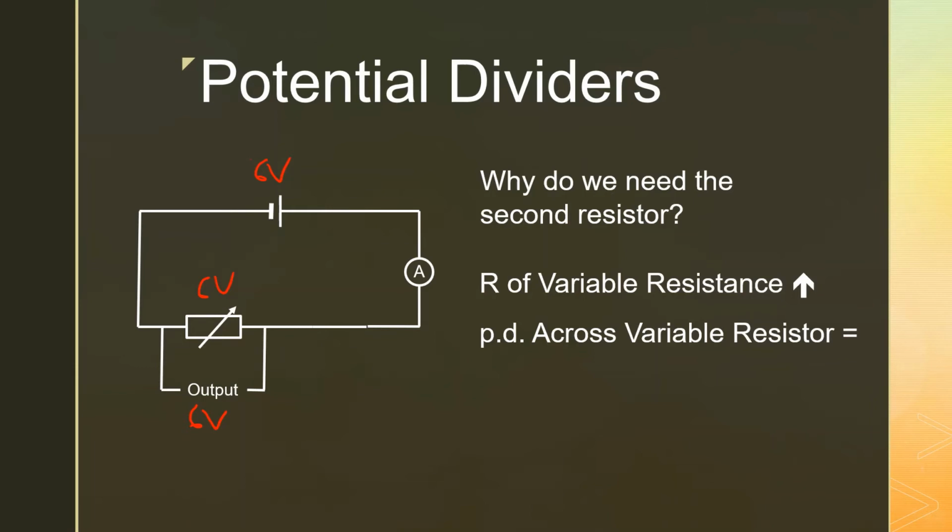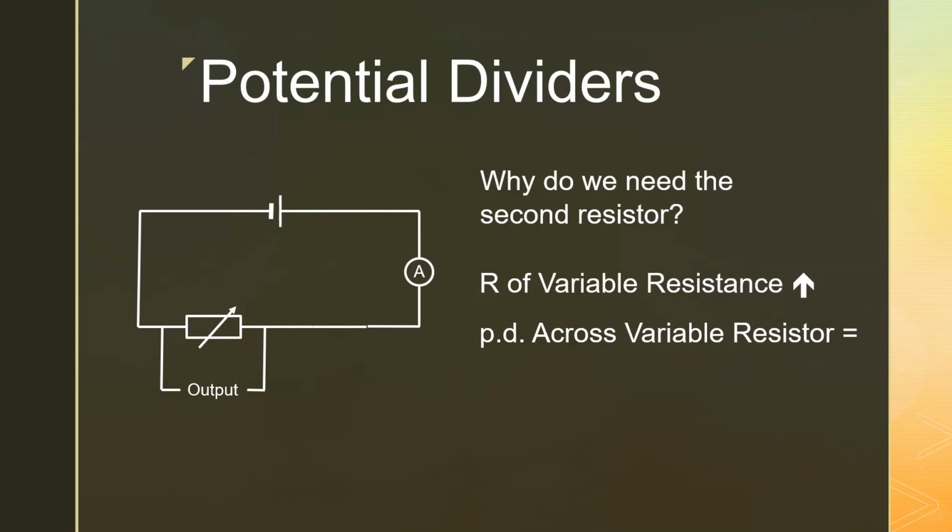The only thing I'm going to change by changing that resistor is the current running through the circuit. And actually, when I say the current through the circuit, I'm only really talking about the current through this main top loop here. The current through this loop is always going to stay the same. So, by removing that second resistor, we've completely changed the way that this circuit operates.